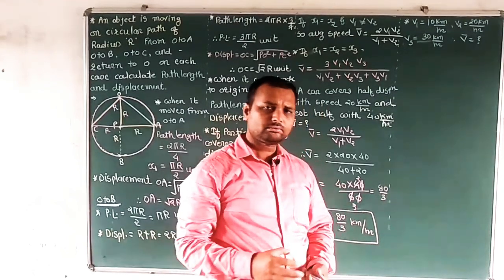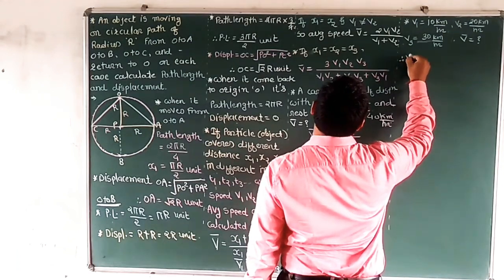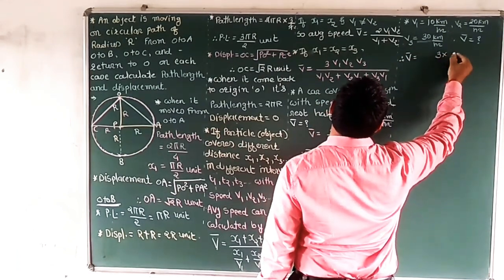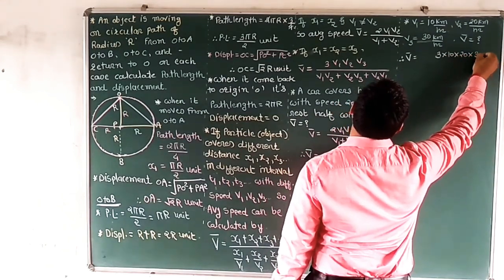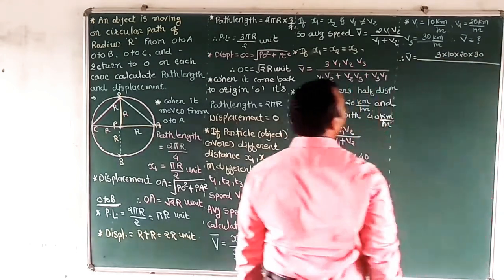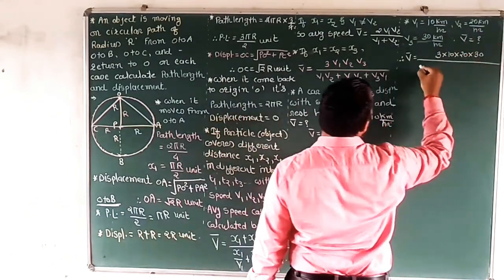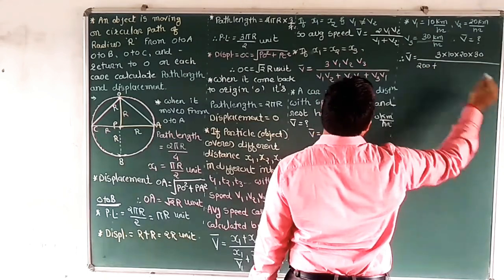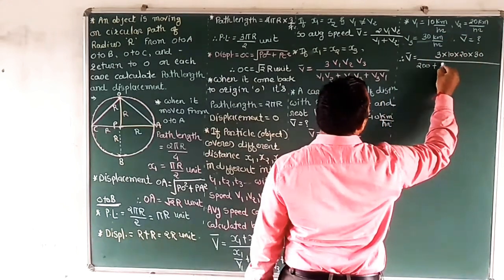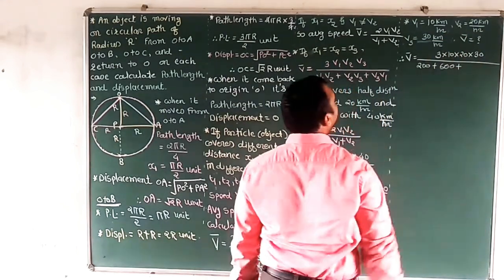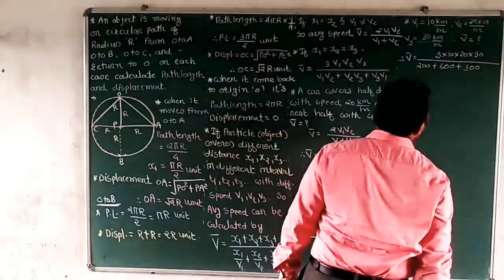Okay, so we utilize directly this formula. Therefore V bar is equal to 3 times V1 10, V2 20 and V3 30 divided by V1 V2, which is 200, plus V2 V3, which is 600, plus V3 V1, which is 300.